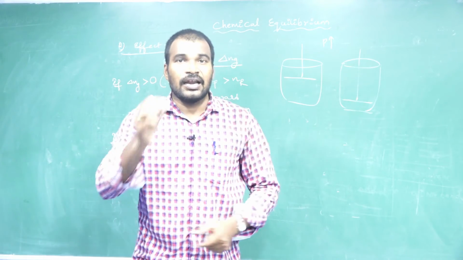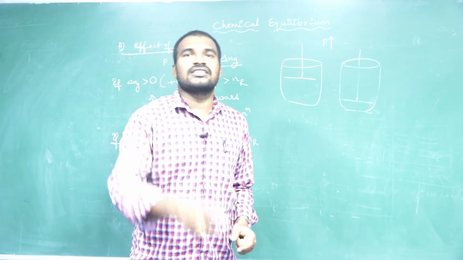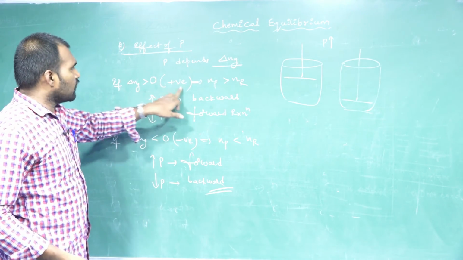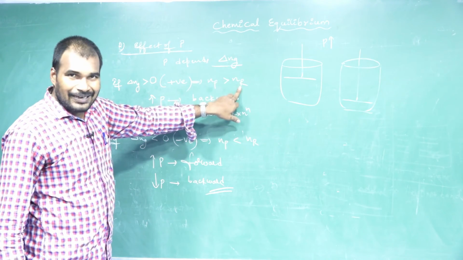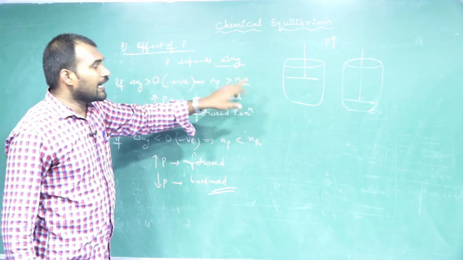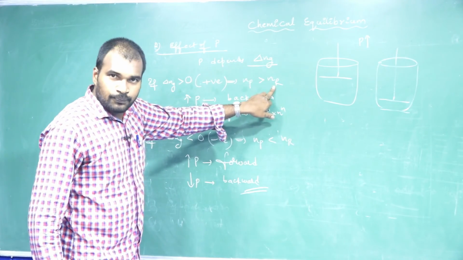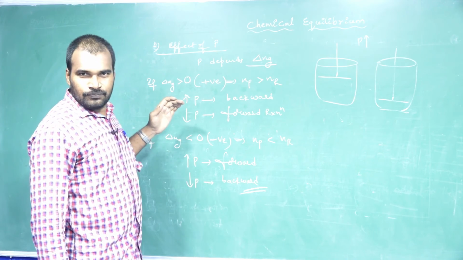In whichever direction the number of moles are lesser, the system always moves into that direction. In this case, delta Ng value is positive, Np is greater than reactants, so the reactant side has fewer moles. That is why increased pressure is favorable to the backward direction.